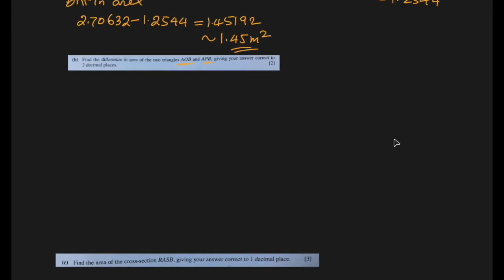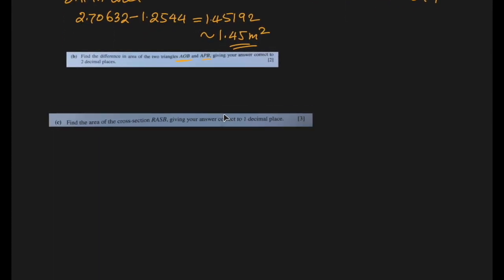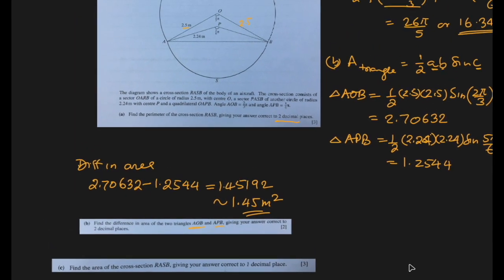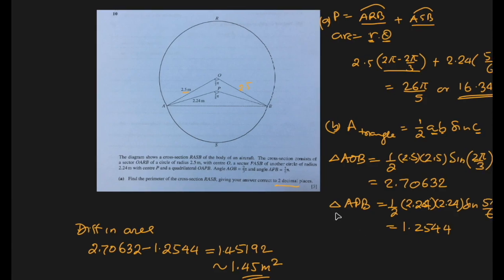What's next? This one. Find the area of the cross section RASB, giving your answer to one decimal place. RASB. This whole of this we want to find the area. So let's plan this first. Can I find the area of this major sector? Yes, I will find this one first.